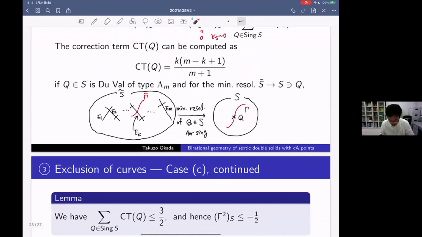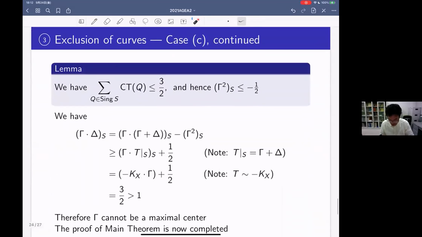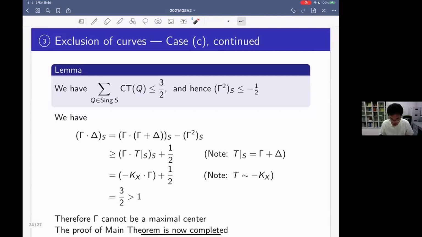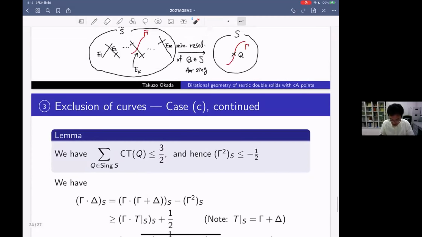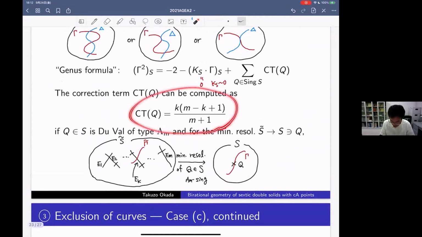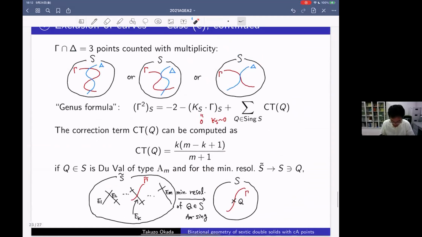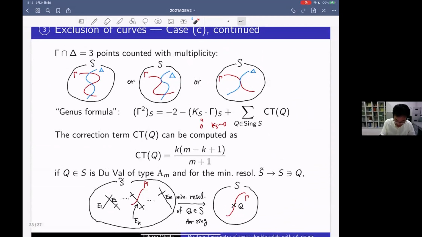Okay. So by this formula, we can show that for each intersection case, for this point, the correction term is one half.